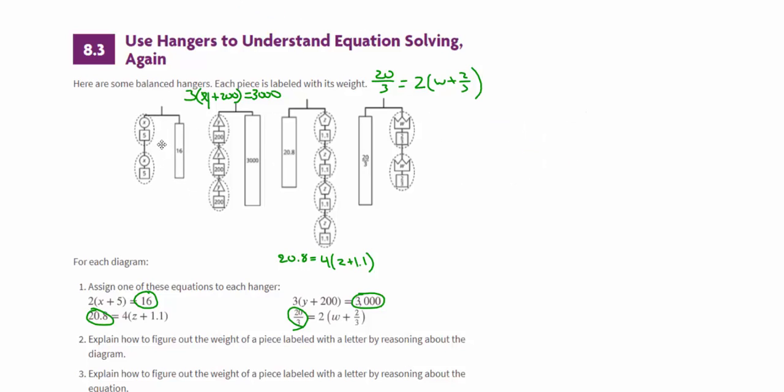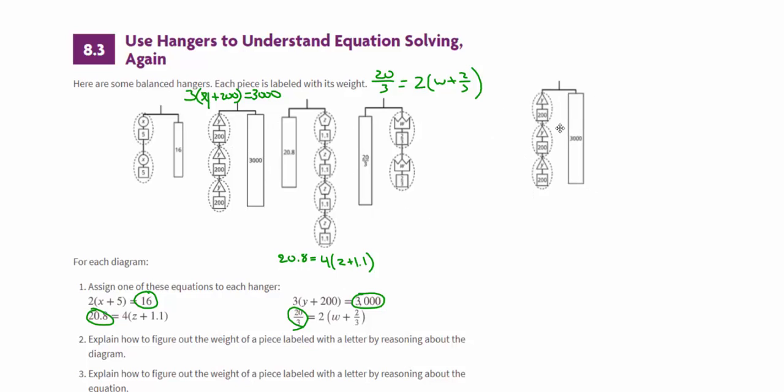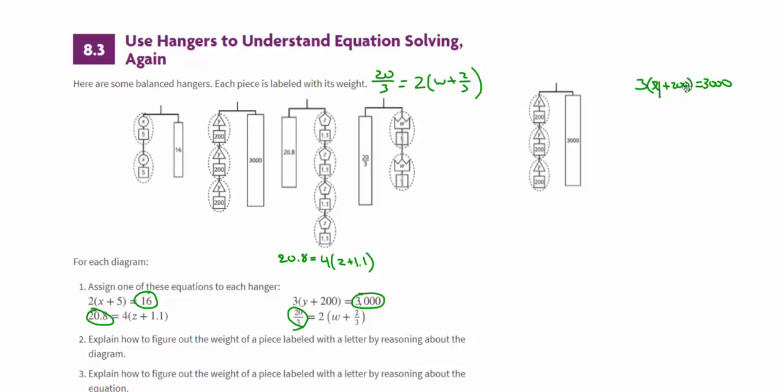Okay, let's look at the second one. We have this hanger, and we have this equation: 3 times the quantity of y plus 200 is equal to 3,000. So we have 3 groups of y plus 200 equaling 3,000. I notice I have 3 groups here.